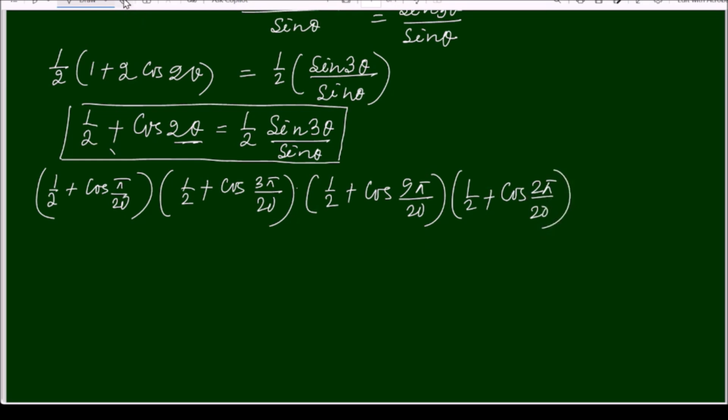It is 27. You have to prove that this is equal to 1 by 16.